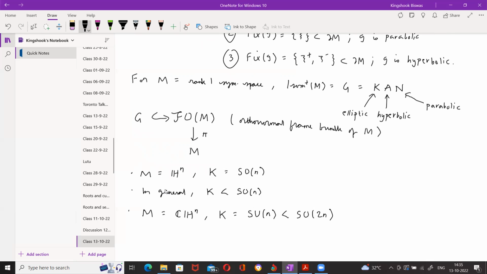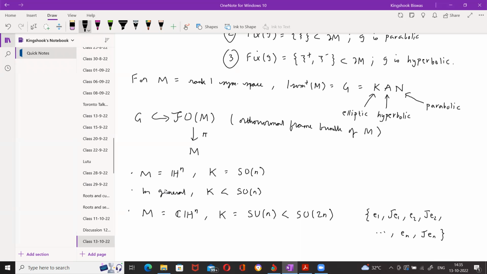In this case, the frames you would look at would be of the form e1, Je1, up to, and then en, Jen, where J is multiplication by i. It's a complex manifold, so you have a multiplication by i on the tangent spaces. You would look at frames of this type.